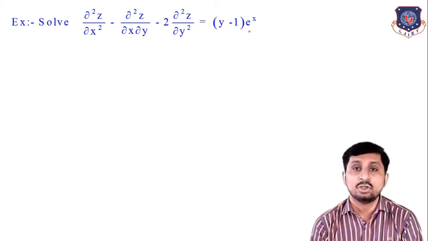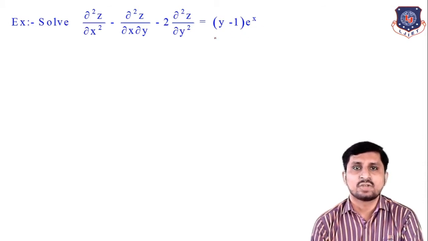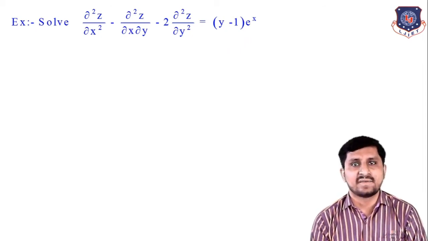No, you cannot, because this function is not e raised to ax plus by, not a sine or cos function, not a polynomial, and not a function of ax plus by. So if you want to find the particular integral for this example, you have to apply case 5. I hope you can understand.